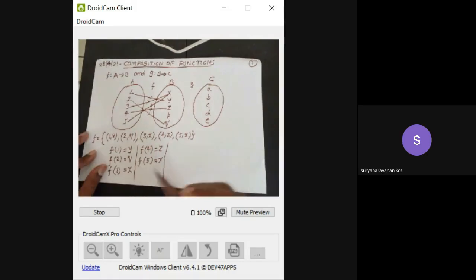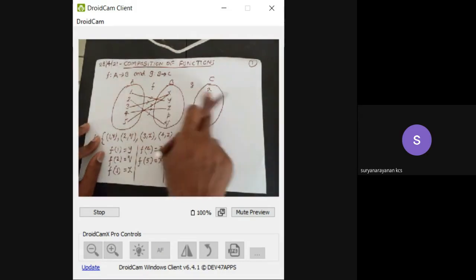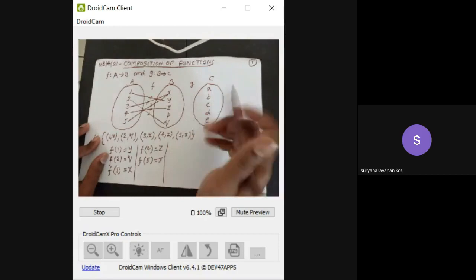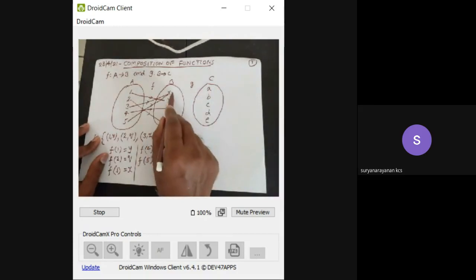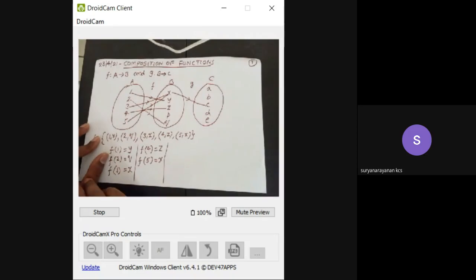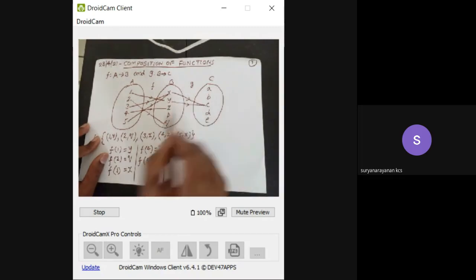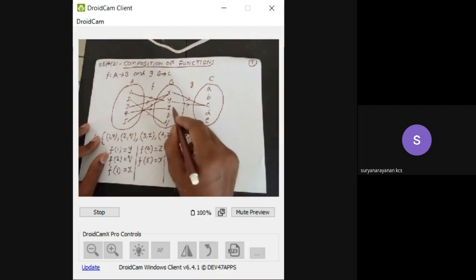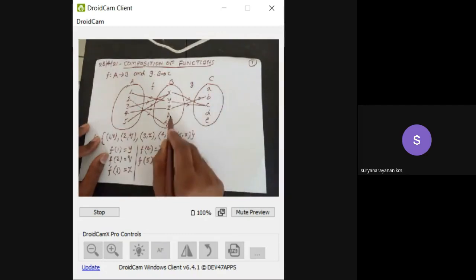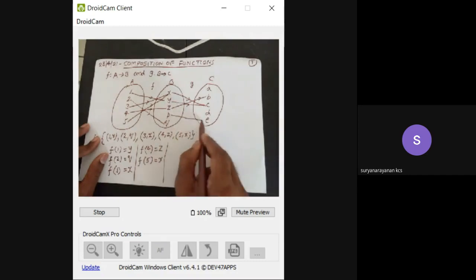Okay. Now come to g. Next function is g. Suppose x is associated with element c. y is also associated with c. z is associated with b. p is associated with d.